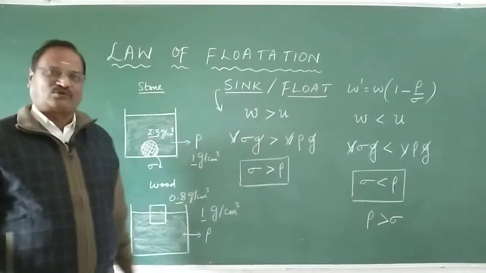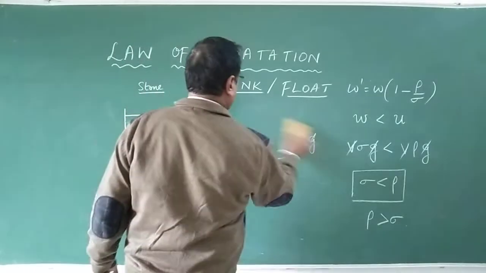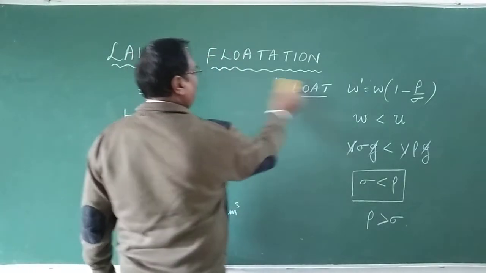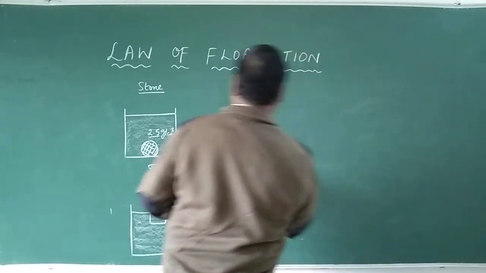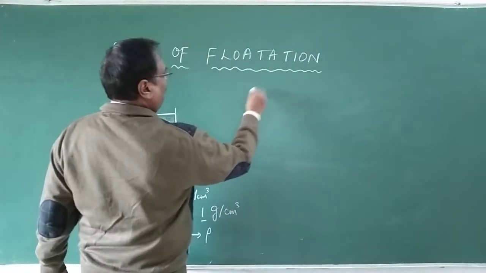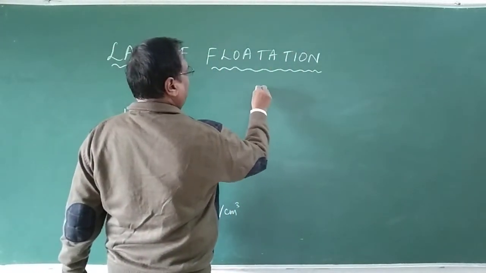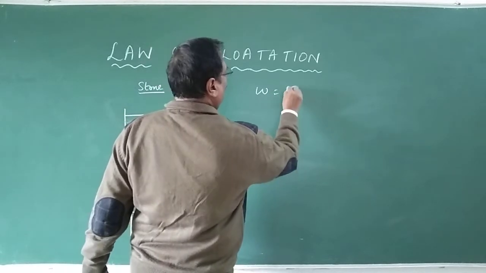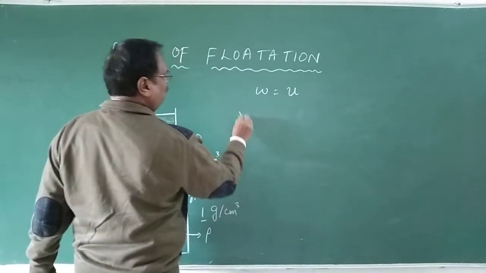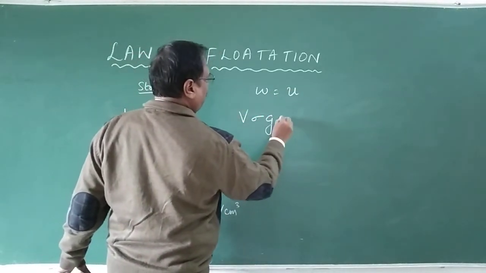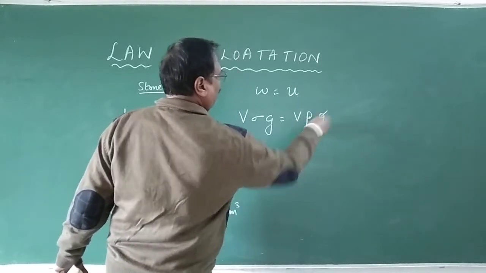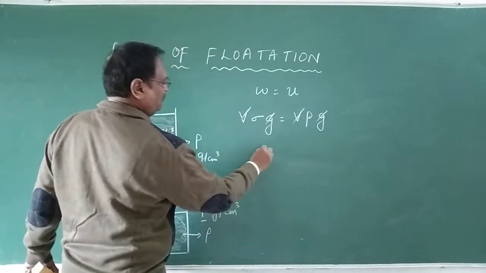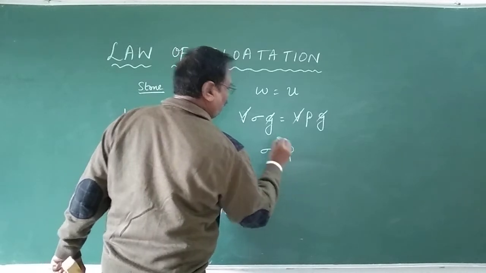There is another case also, and let me erase these two parts now. See, suppose I take a case W is equal to upthrust, that means V sigma g is equal to V rho g. Vg gets cancelled. Sigma is equal to rho.